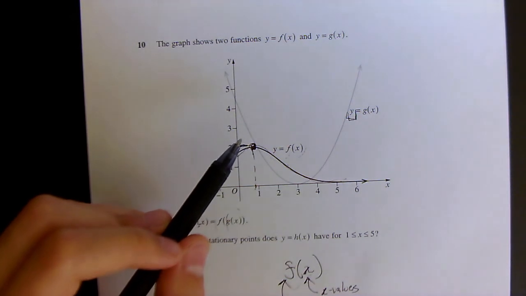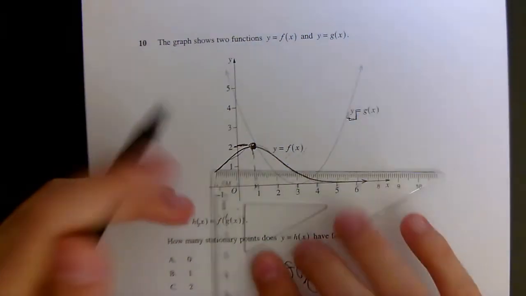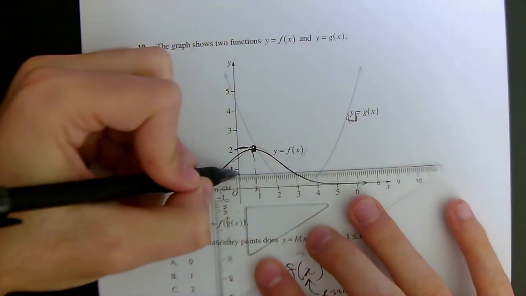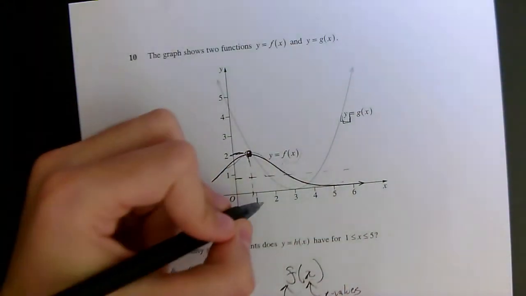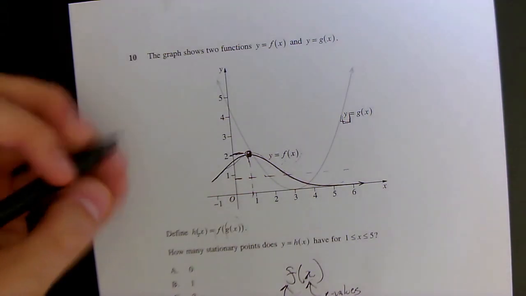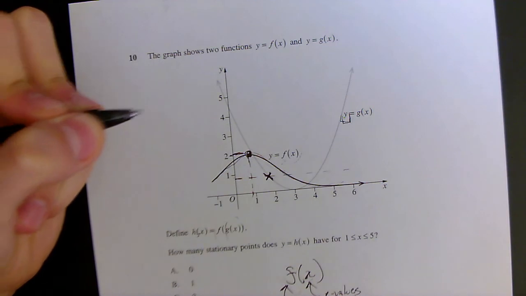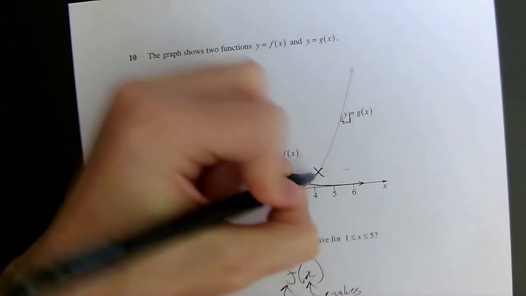So what I do is I look on my graph and I line up a y value of a little bit less than 1. Okay? And I do a little bit of a dotted line, and I can see that this occurs in 2 points on the g of x line, one here and one here.